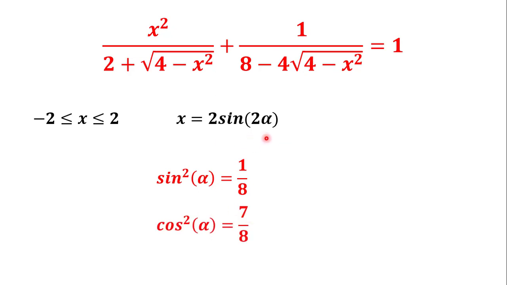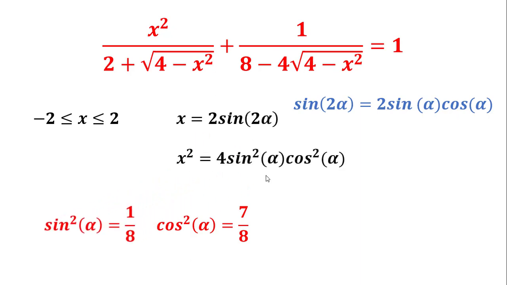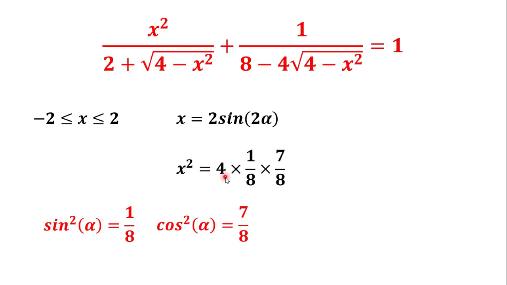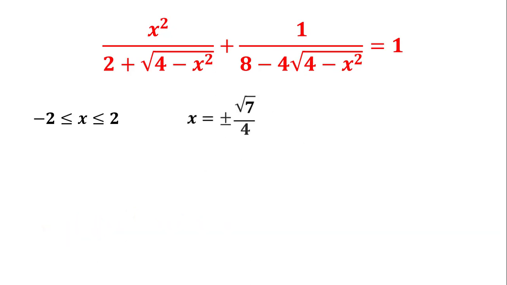As you know, sine of 2 alpha equals 2 times sine of alpha times cosine of alpha, and we can square both sides of this equation, and we're going to get x squared equals 4 times sine squared of alpha times cosine squared of alpha. 4 times 1/8 times 7/8 equals 7/16, and x is going to be plus or minus the square root of 7 over 4.